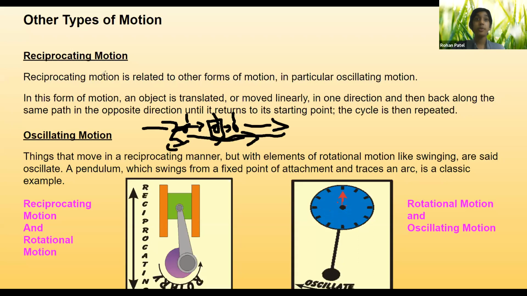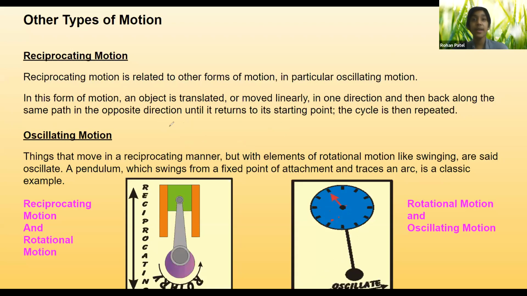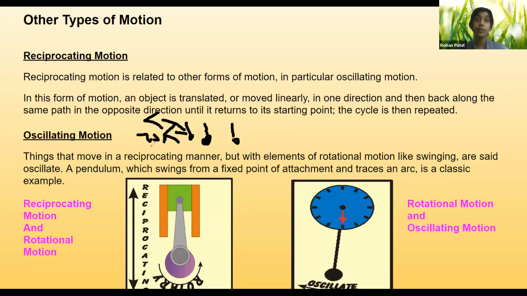But the difference between reciprocating motion and the other motion, the periodic motion, is that when this occurs, it doesn't have to have a specific time. So for example, this part of the pendulum over here could go back for 2 seconds and then come back for 2 seconds.